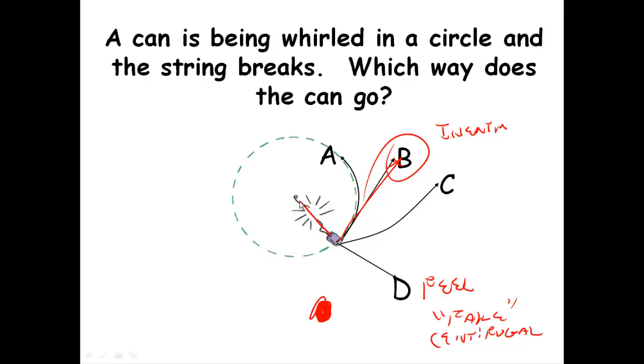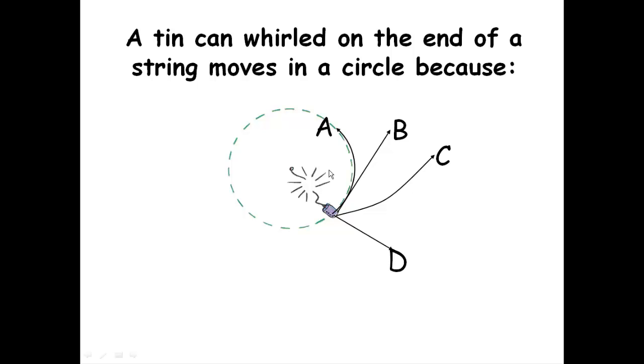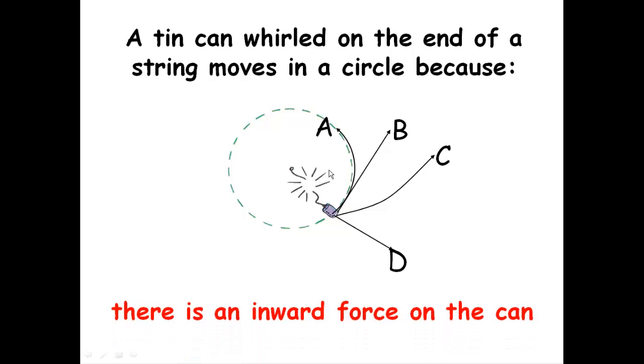The centripetal force is this one. Pulls you in. So why does it move? Because there's that inward force, that centripetal force. Get rid of that, and it goes this way.